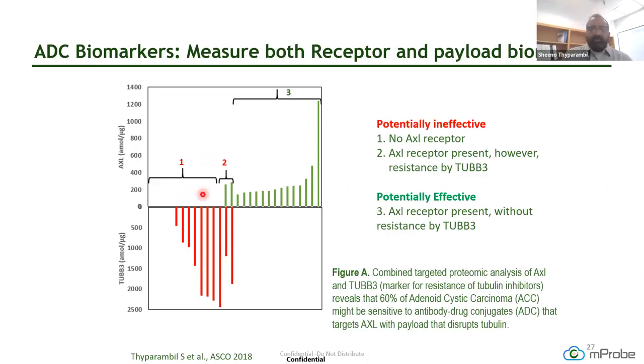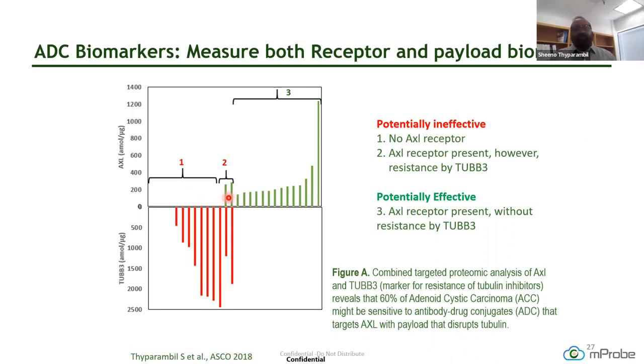So we just set the stage up, because we were examining, ignore the cancer types, but this was an adenoid cystic carcinoma, a type of head and neck cancer, a very rare form. And if you look, there are three possible ways if you had an ADC to AXL, which at one point somebody had. Either the receptor is not present, in which case forget it, the ADC cannot bind it.